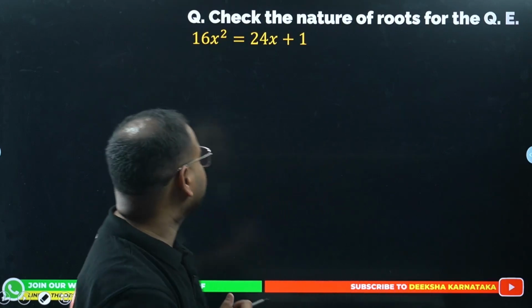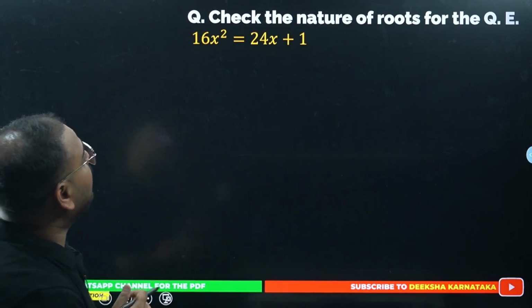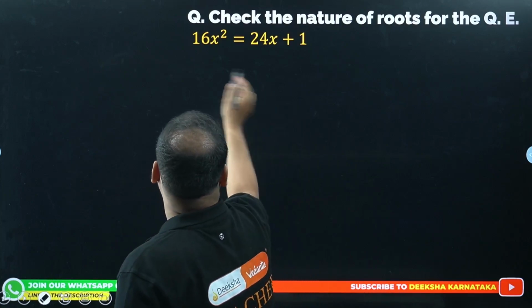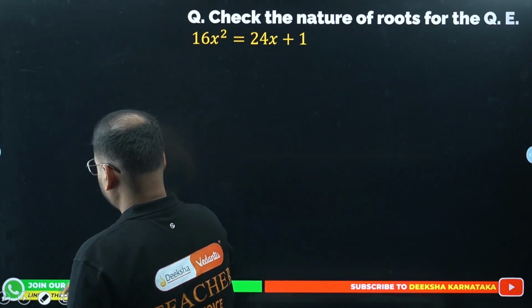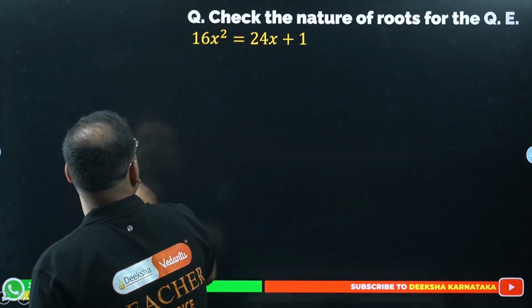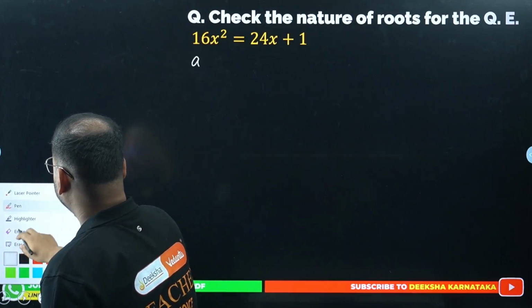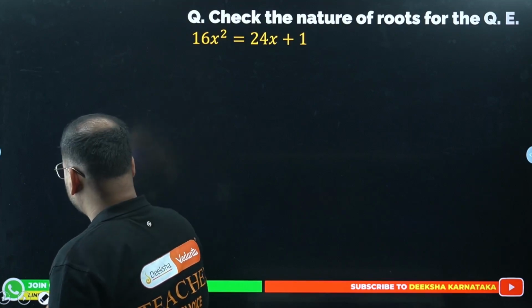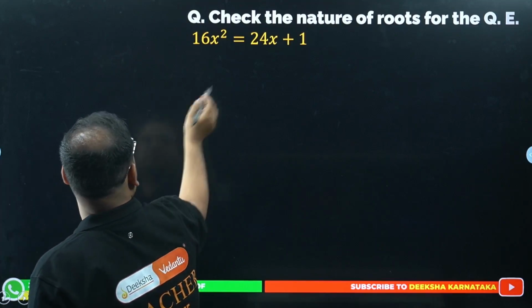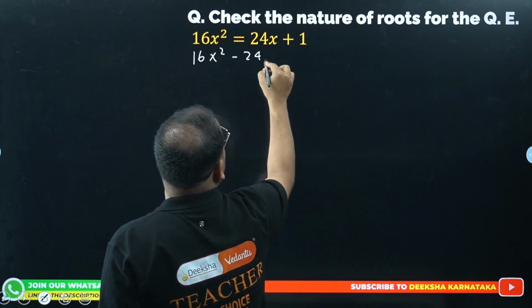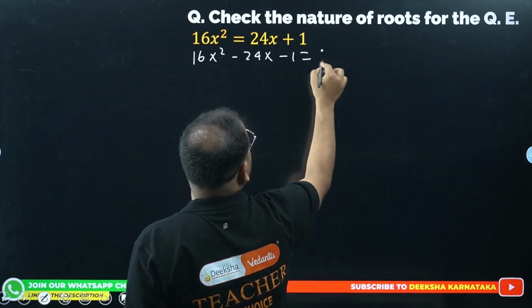Okay, let's move on. Check the nature of roots for the quadratic equation. I took an example like that, right? Quickly write in that format. We don't need to write the format every time now. So the equation is 16x square minus 24x minus 1 equals 0.